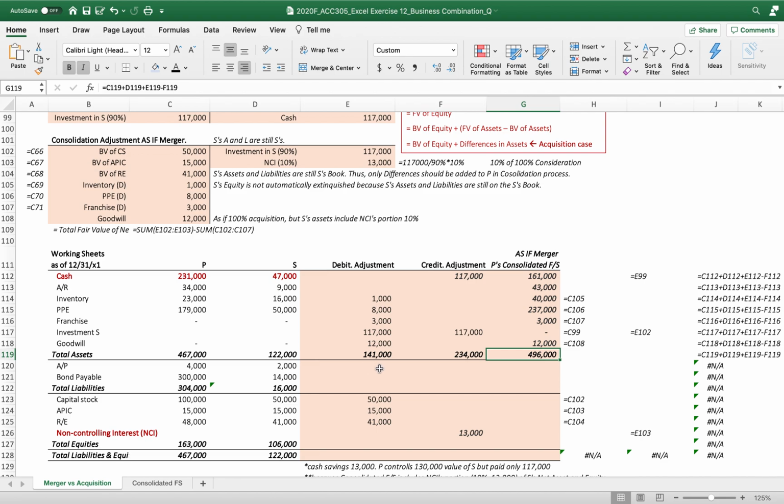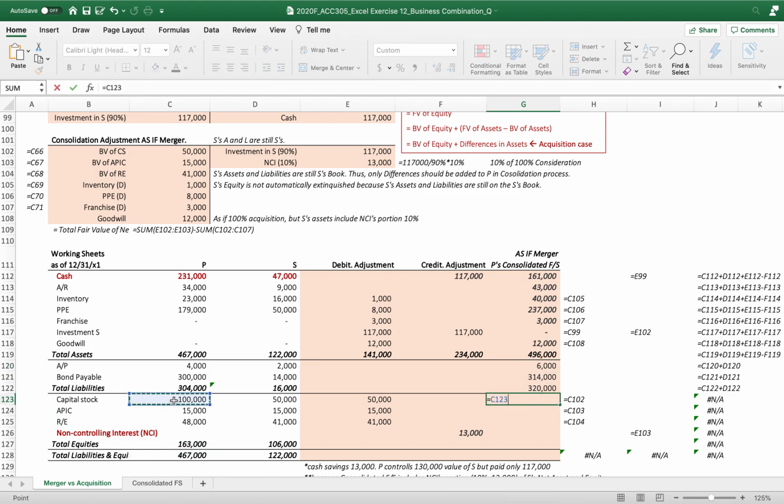Okay, and then do we have any adjustment of liability? No, we don't have any adjustment, but we should add this S company to P company manually. So we got it. Then finally the capital: 100,000 plus 50,000 and minus the 50,000 manually removed.